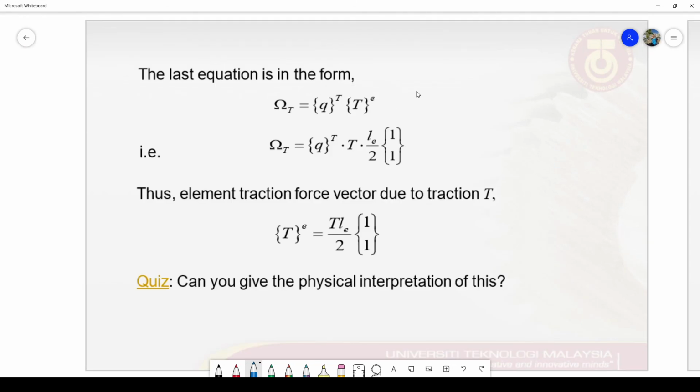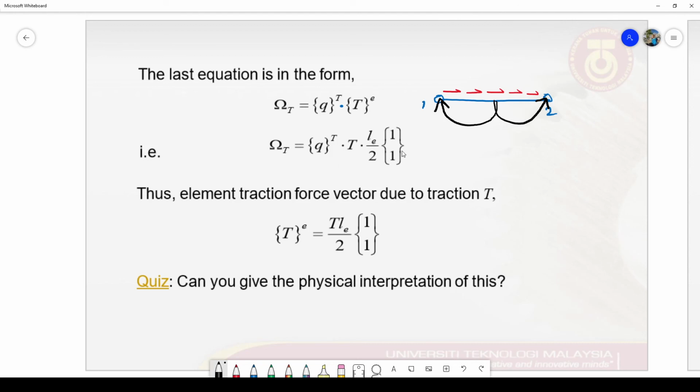The last equation in the previous slide can be written in a compact matrix form, which is q transposed multiplied by T, where this is equivalent to T multiplied by L over 2, and we distribute it equally to both nodal points. We can imagine that we have one element with 2 nodal points, and the traction force acting on this element is distributed equivalently to each nodal point.